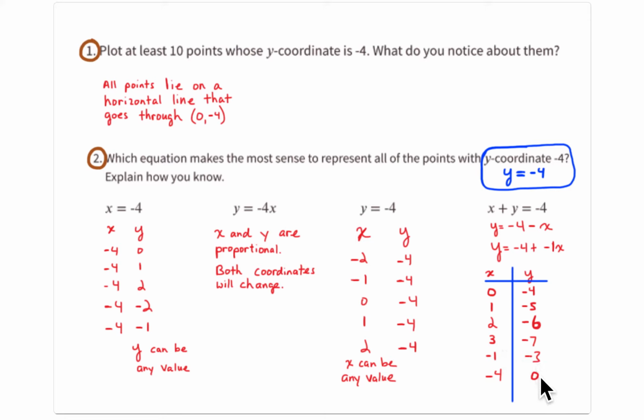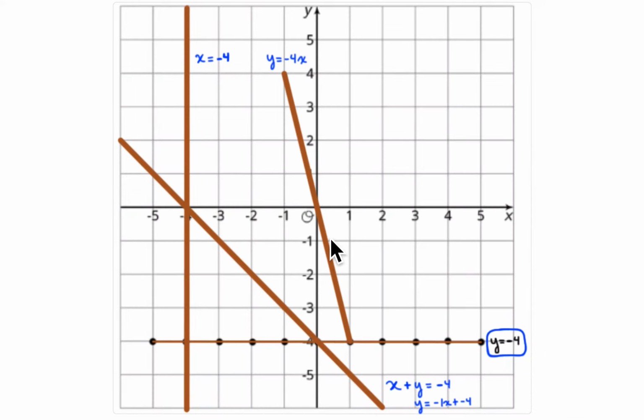A useful point to look at in lines like this, written in this form, is what happens when x is 0 and what happens when y is 0. So when x is 0, so you're not moving anywhere along the x-axis, y is -4, so that's this point right here. And when y is 0, you're moving -4 units to x, -4, y is 0.